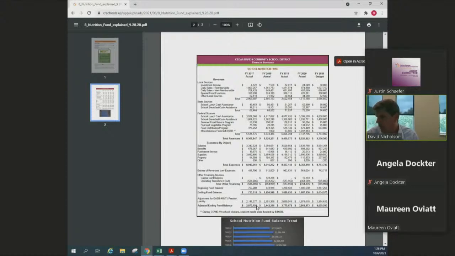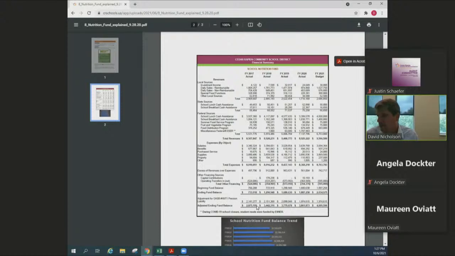We cover that every year, but they want us to book the potential shortfall that the state has in funding IPERS. That's what every school district has to book, some of that liability. So for our proprietary funds, nutrition and daycare, we actually have to book it. For all our other funds, it's put on the government-wide statements.